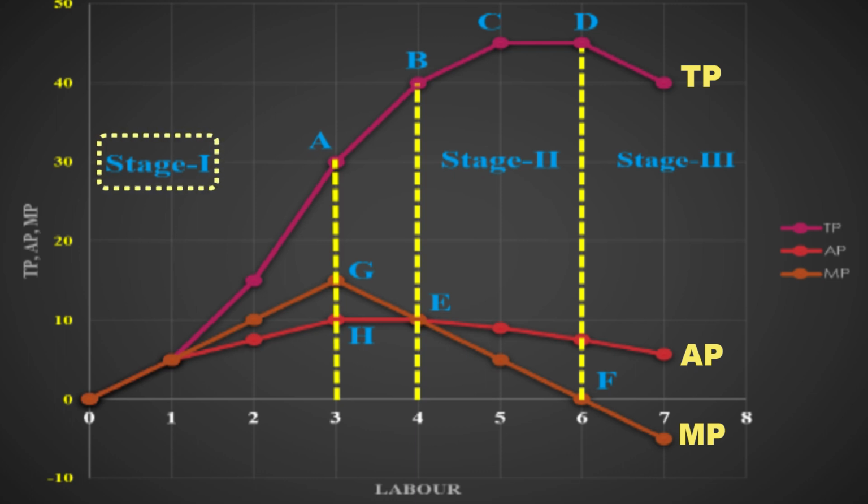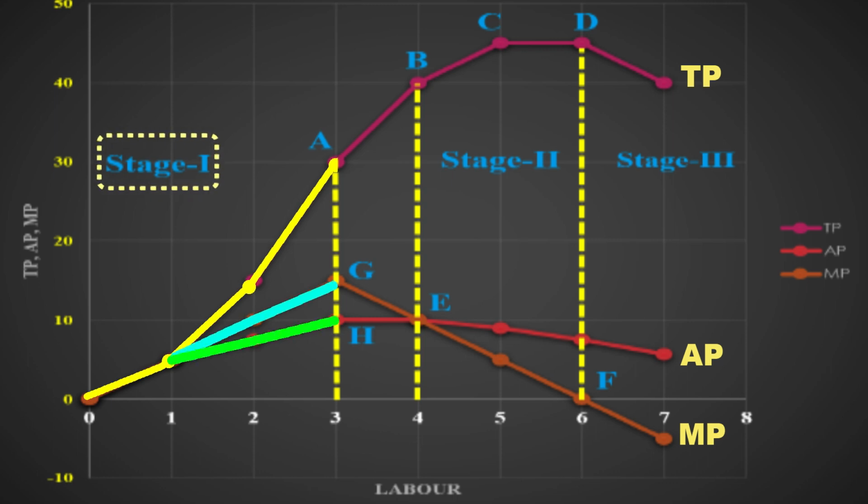So the analysis here is you can observe throughout stage 1, as the variable factor of labor increases from 1 to 2 to 3, the marginal and average products are increasing, while total product is increasing at an increasing rate, that is the gap goes on increasing.